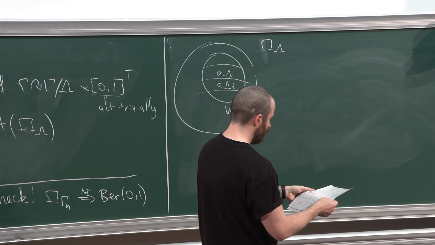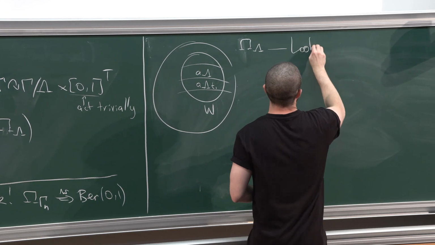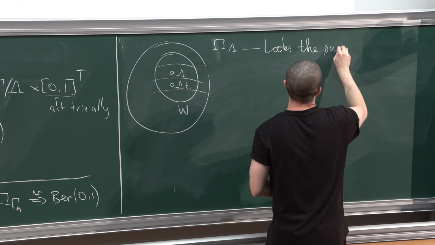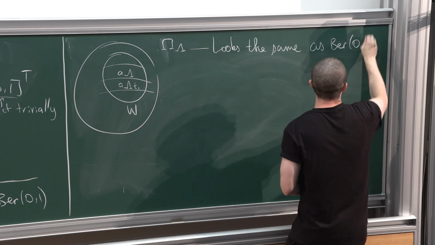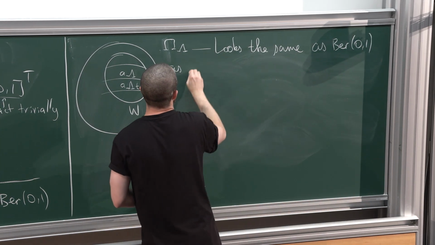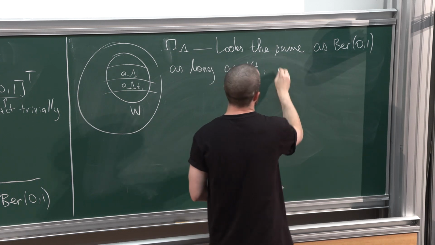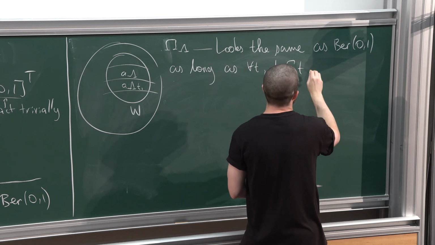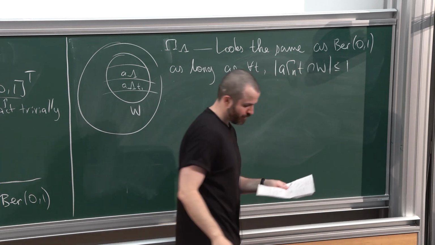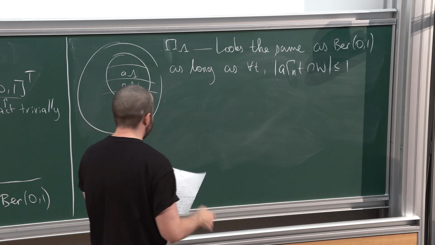So this process looks the same as the Bernoulli process, as long as for all t, the gamma n t intersect w has at most one point. So this was the one-line calculation that I promised.